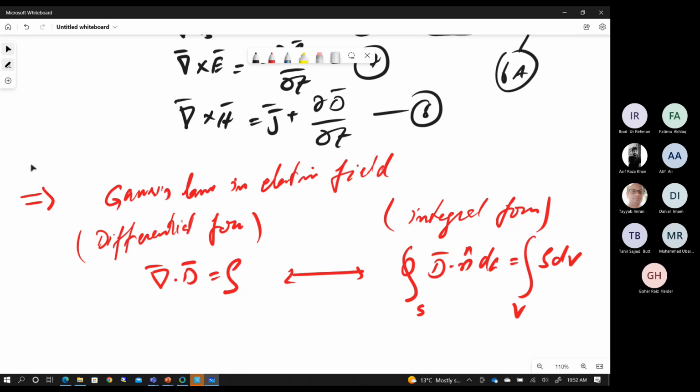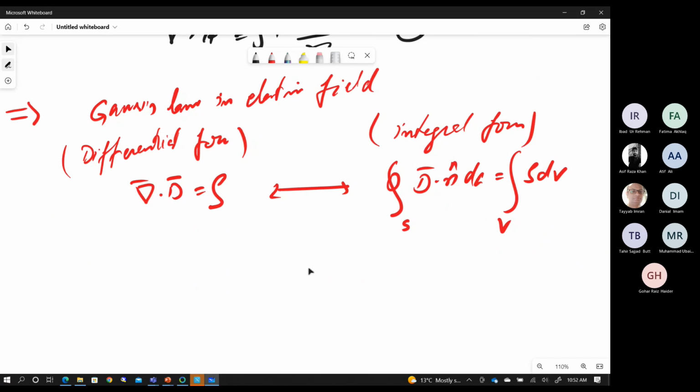Further, Gauss's law for magnetic field.